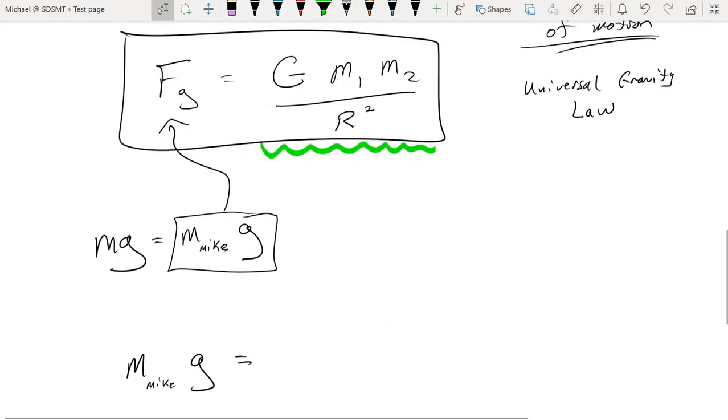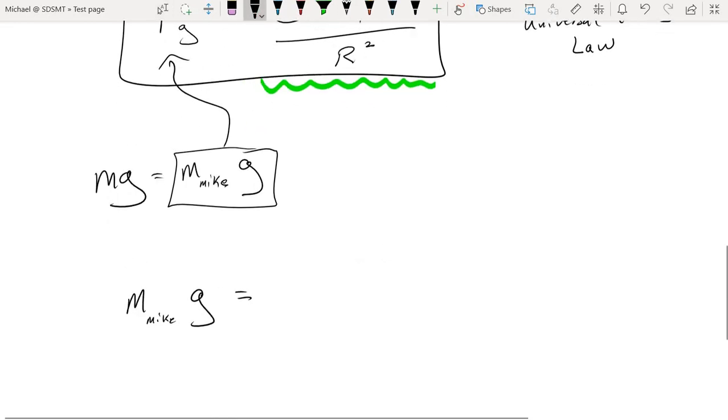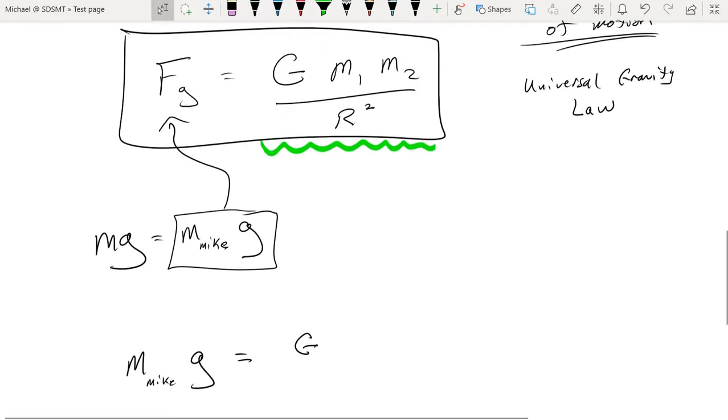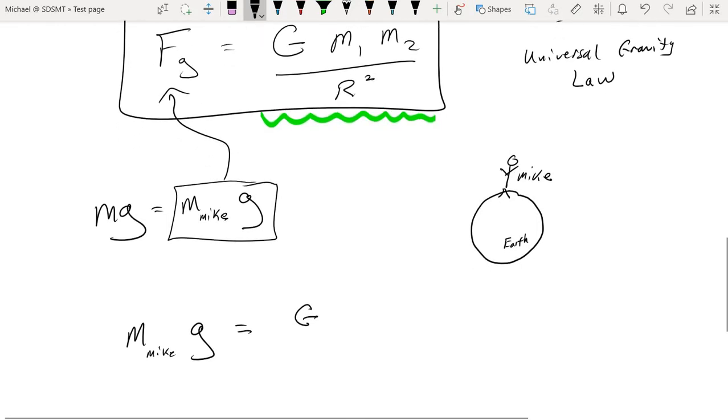So now I need the value of big G. And mass 1 and mass 2. Mass 1 and mass 2 are the two masses that are involved in the system. Well, I have my mass, so I'm part of the system, and I'm standing on the Earth, and so the Earth is the other mass in the system. So we'll put both of those in, and I can look up the mass of the Earth.